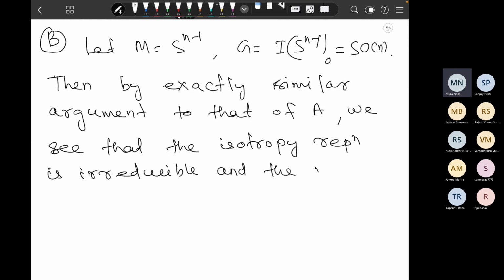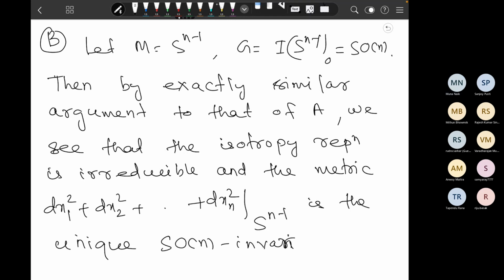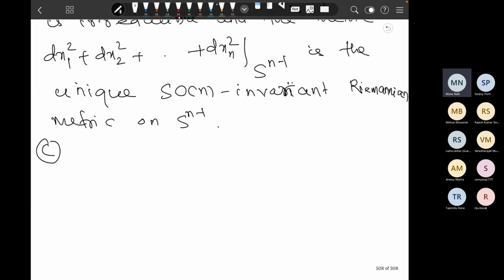And the metric dx1 square plus dx2 square plus dxn square restricted to S^{n-1} is the unique SO(n)-invariant Riemannian metric on S^{n-1}. A similar conclusion you can draw for R^{n-1}.